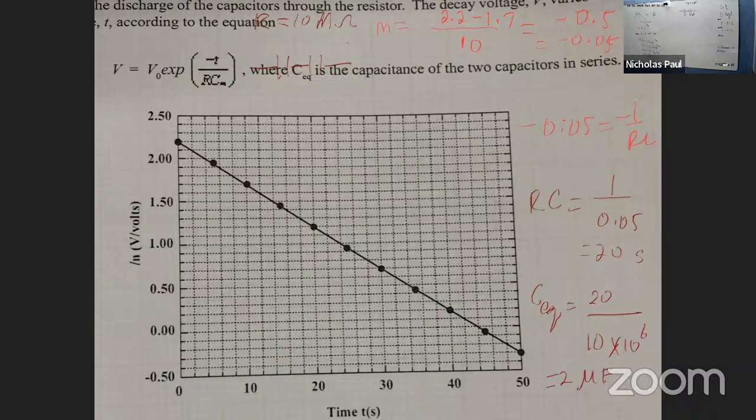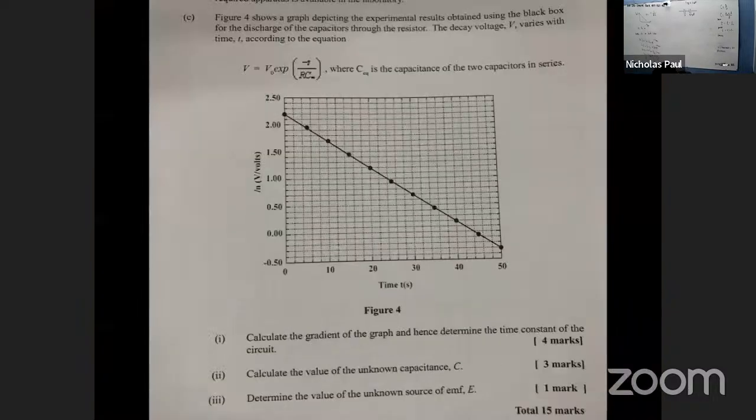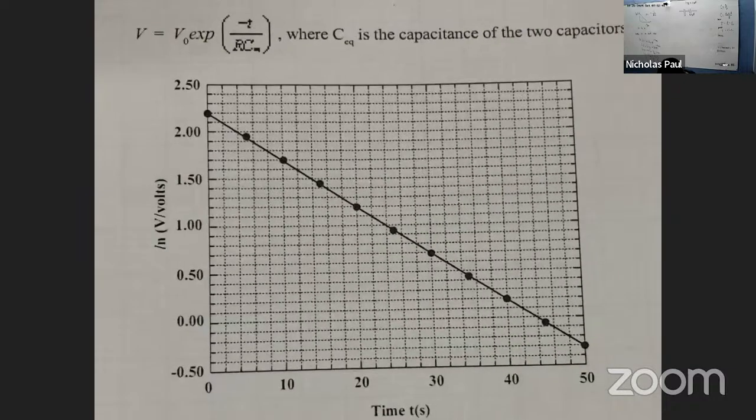How much did you all get? 3.48. Those online, you can just take a look at the camera there. Since this is a series, 1 on equivalent is equal to 1 on C1 plus 1 on C2.